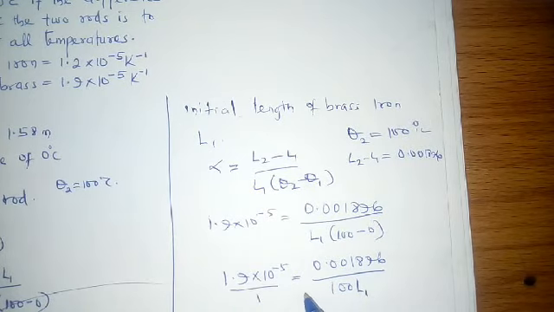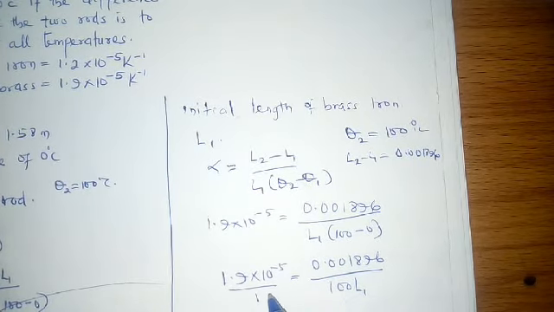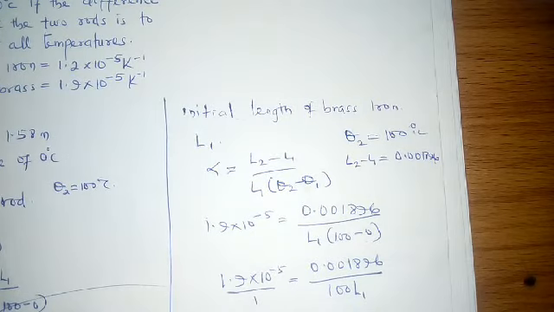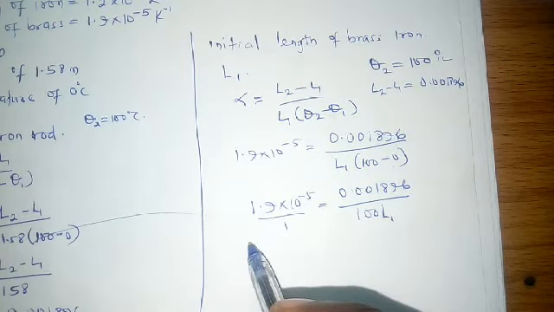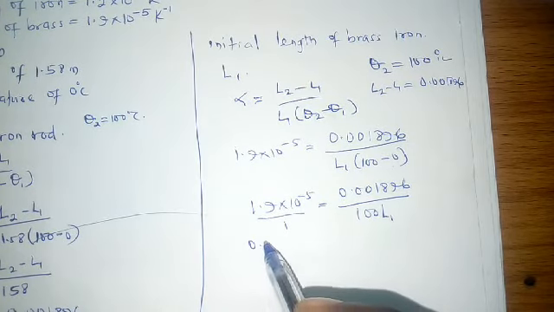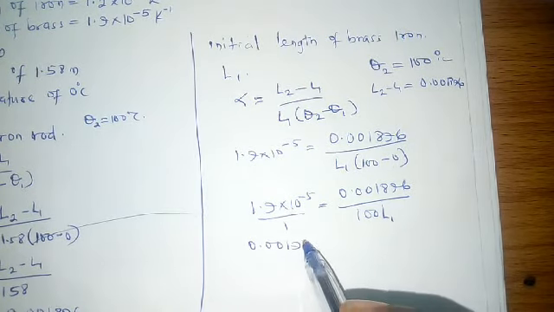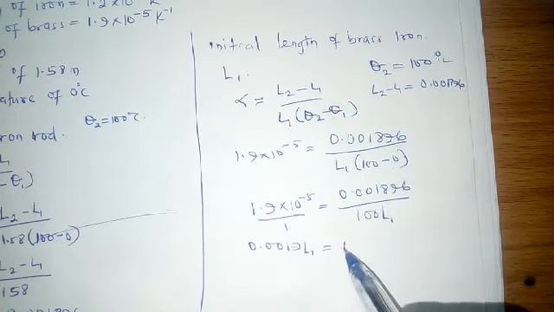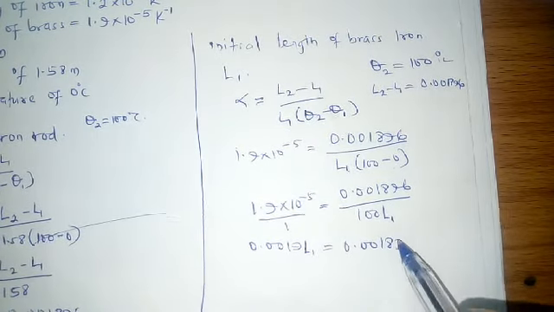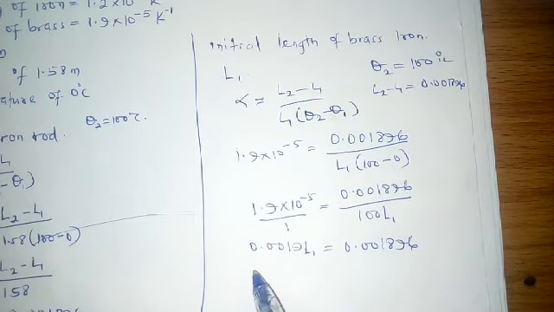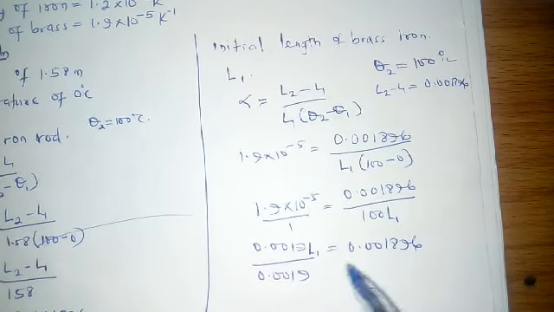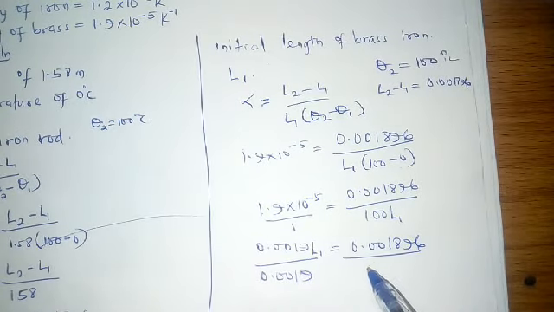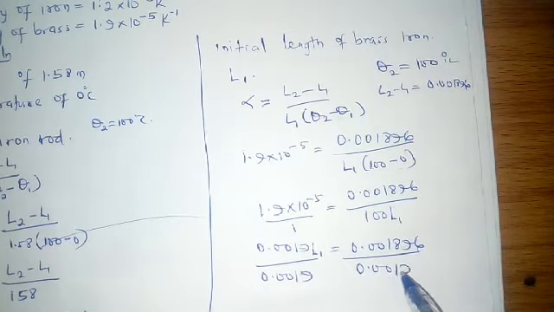So we'll cross multiply. 1.9 times 10 raised to the power of minus 5 times 100 would give us 0.0019 L1 equals 0.001896. Now we divide both sides by the coefficient of L1, which is 0.0019.